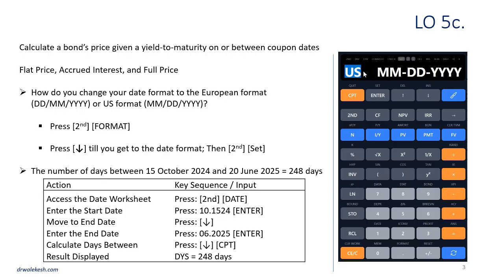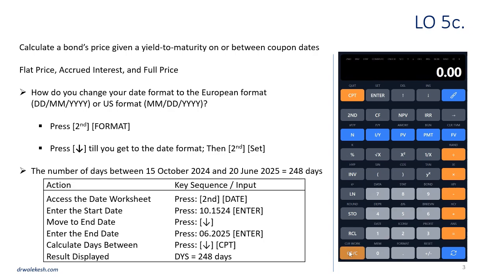So what I have on the face of my financial calculator is the US date format. If you are more comfortable with the European date format, you would press second function, set, then we have the European date format. I want to change it back to the US date format, so I would press second function, then set, and back to the US date format.